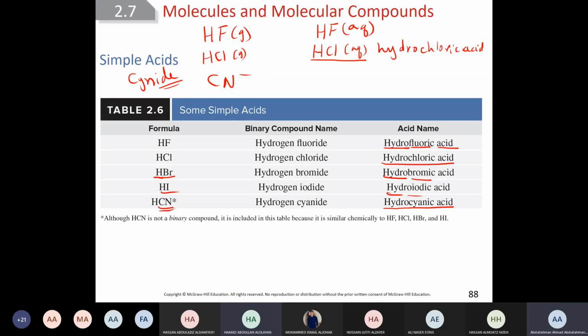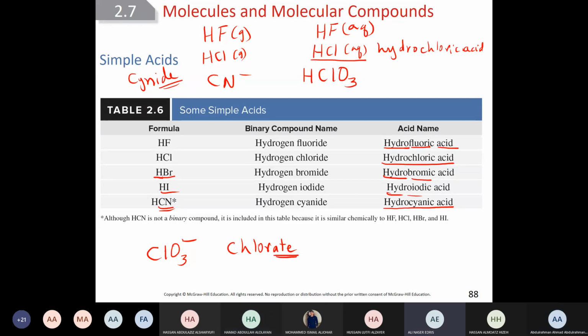Now, let me ask you about this group. What's this group? Chlorate. Okay, it becomes HClO3. What's the name of the acid?